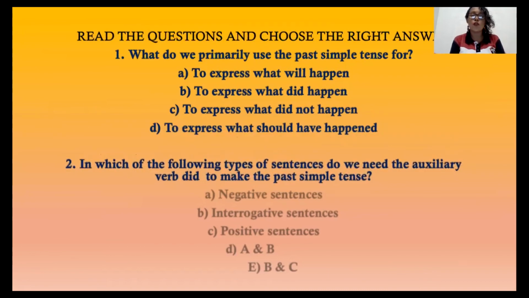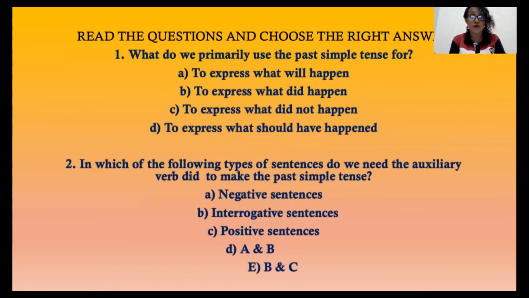2. In which of the following types of sentences do we need the auxiliary verb did to make the past simple tense? In a negative sentence, in an interrogative, in a positive, in A and B, negative and interrogative, or B and C, interrogative and positive. So here we go with the answers.